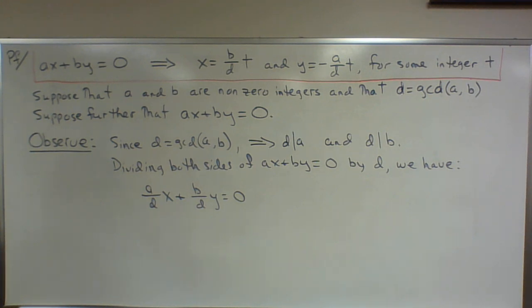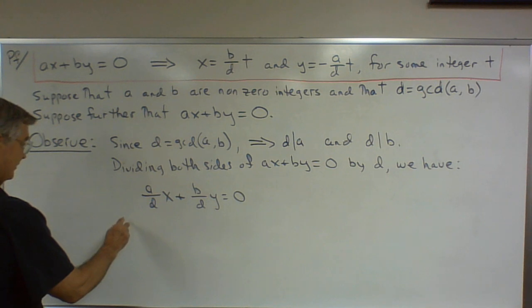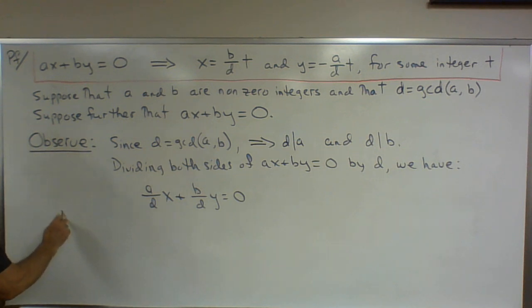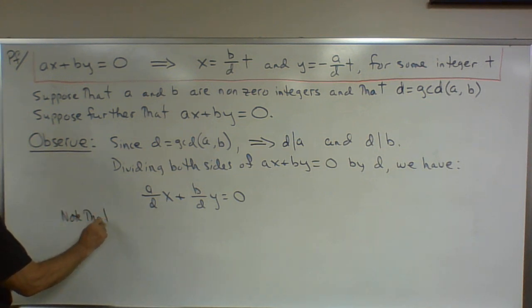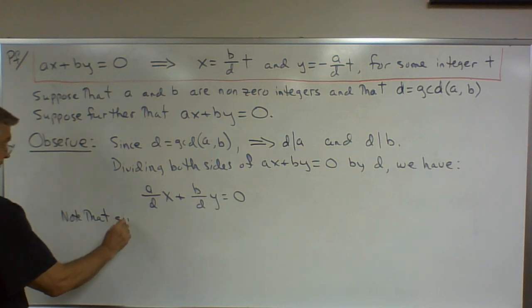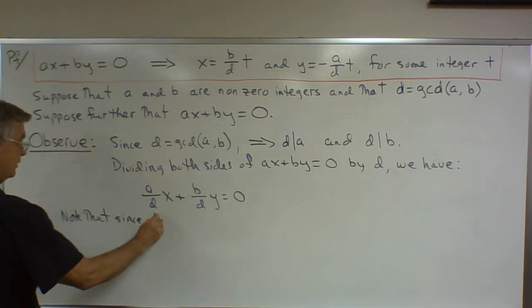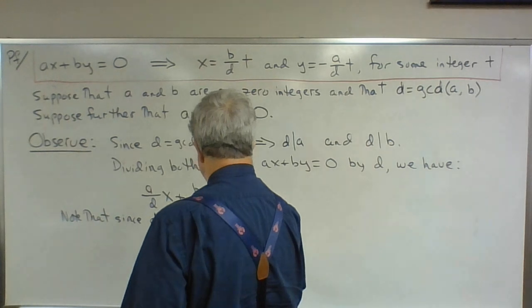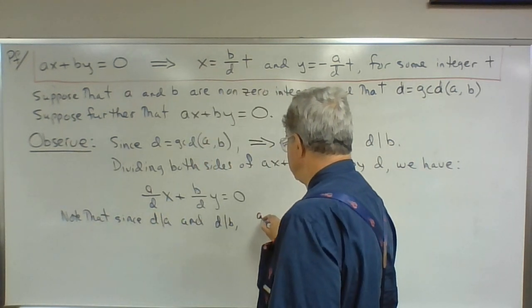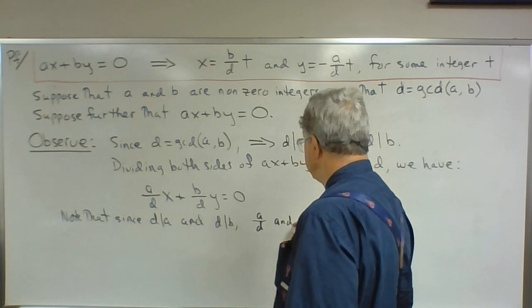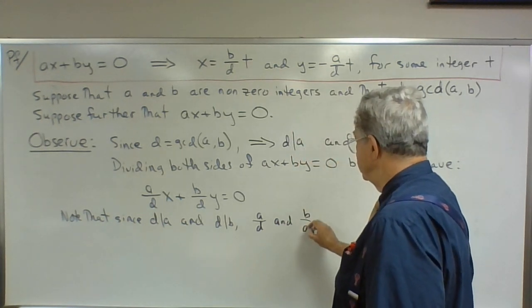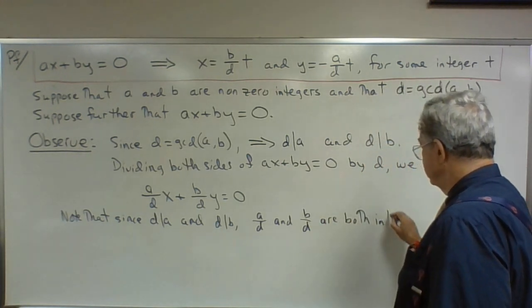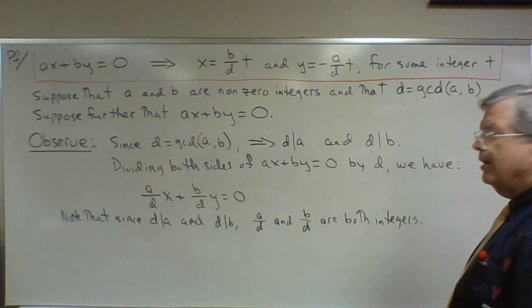And again, how should I say this? D divides a and d divides b. a over d and b over d are both integers.